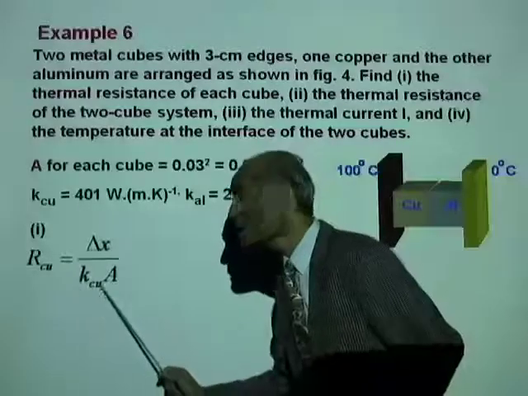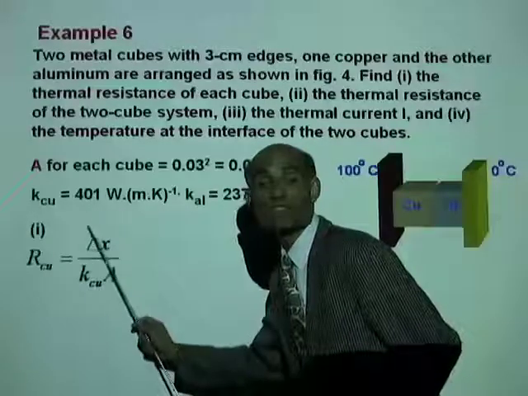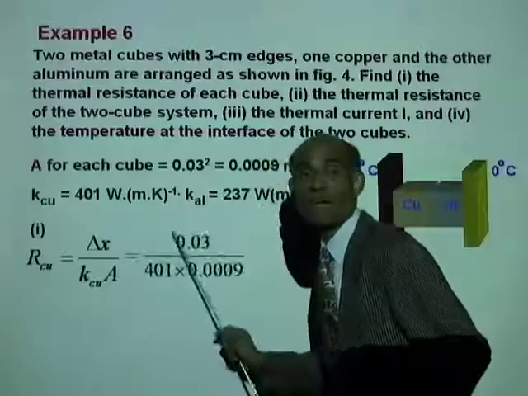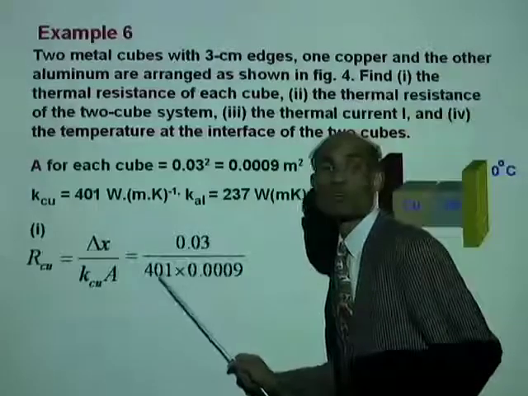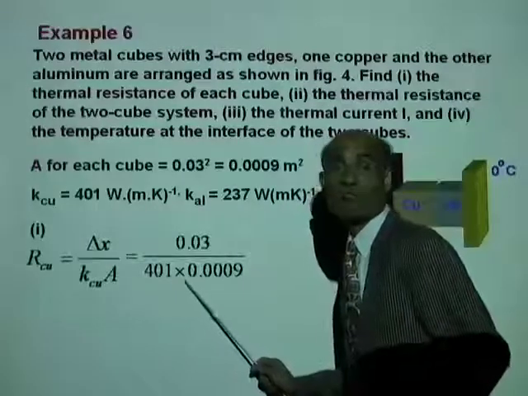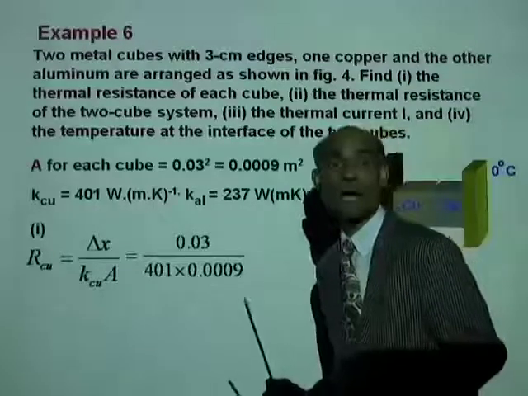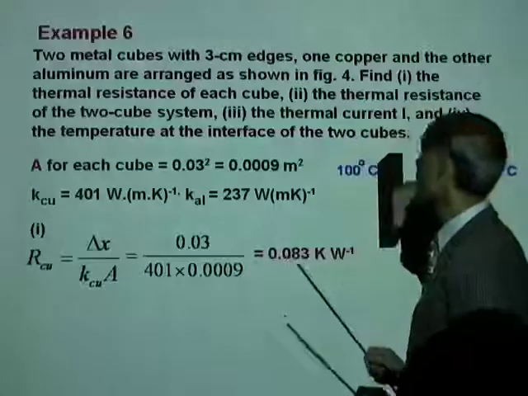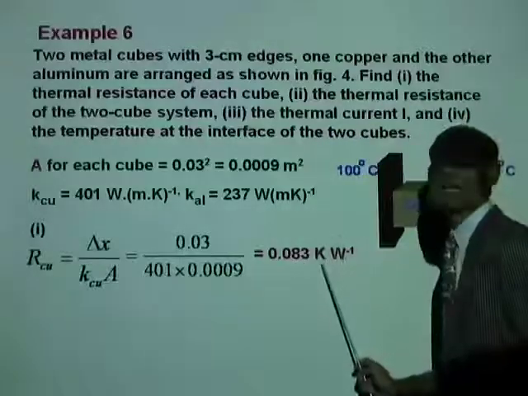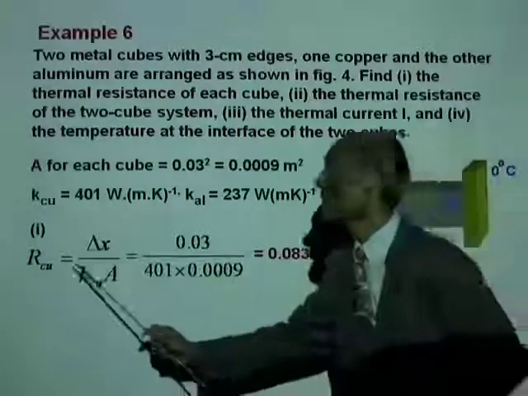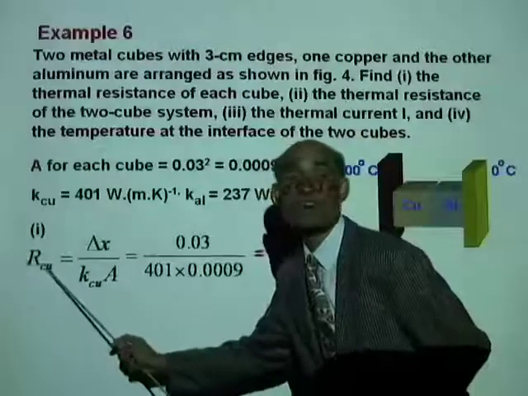Only change will be the value of K. So let's put all these values there. That will be 0.03 divided by 401 times 0.0009. And that will be 0.083 Kelvin per watt. That is the thermal resistance of copper.